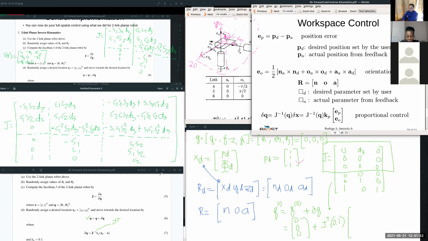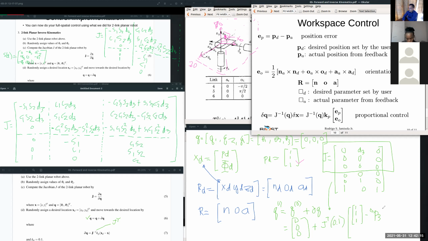So now you have the desired value. The desired position is 1, 1, 1, minus, what is this now? The position, which is of course 0P3. The position of the end effector with respect to the base.